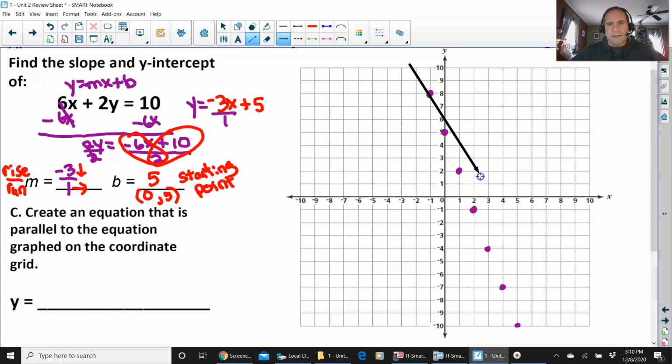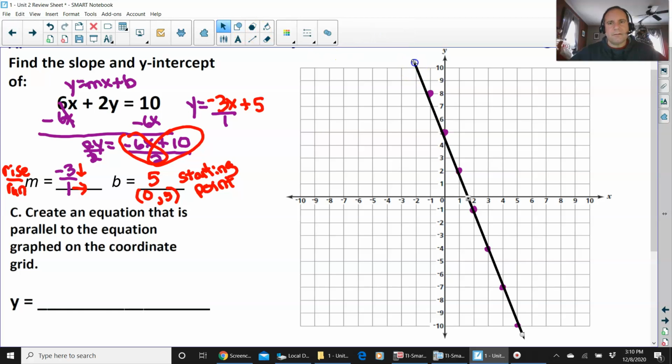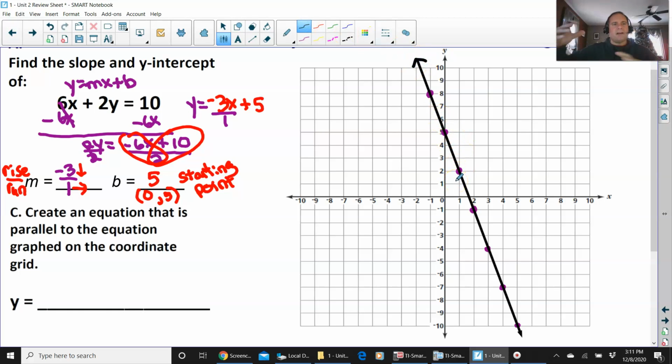Get your ruler out and connect those points. Just like that. If you make a mistake on the pattern, you'll be able to tell right off the bat that one point is not in that rise 3, run 1.